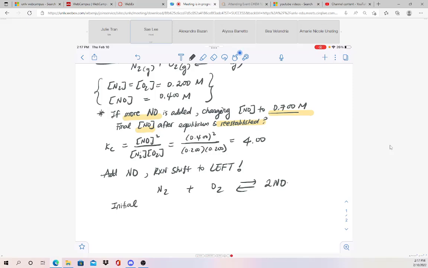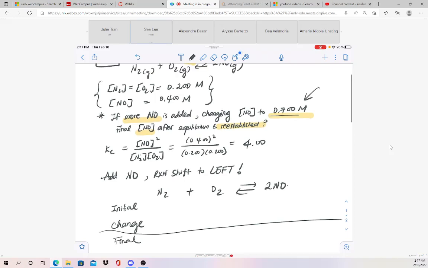So then I'm going to create a table with new concentrations. With the new system where more nitrogen oxide is added, the starting concentration is 0.7.